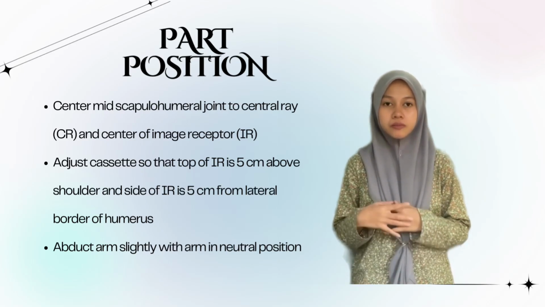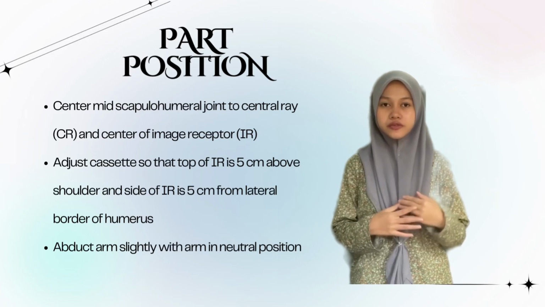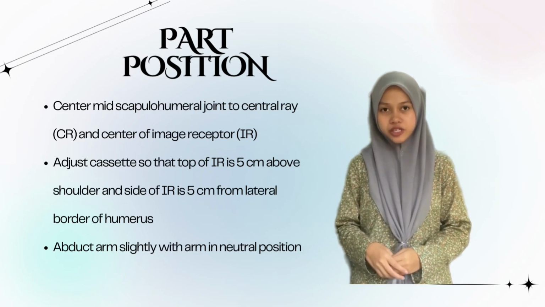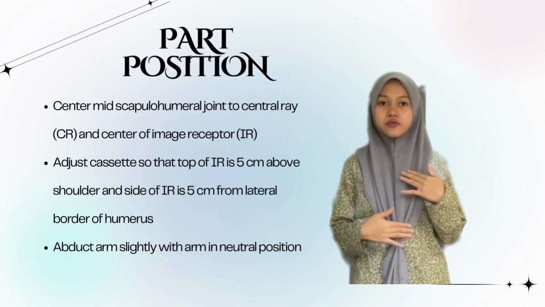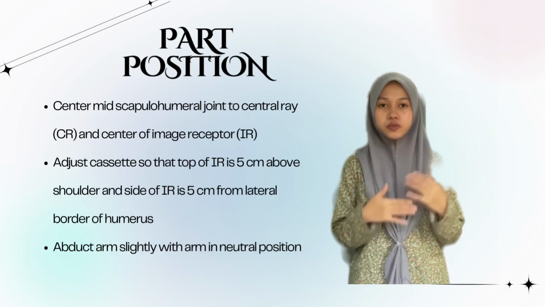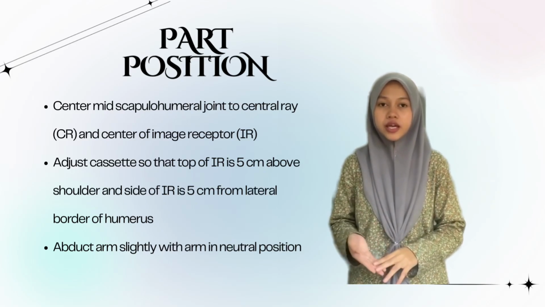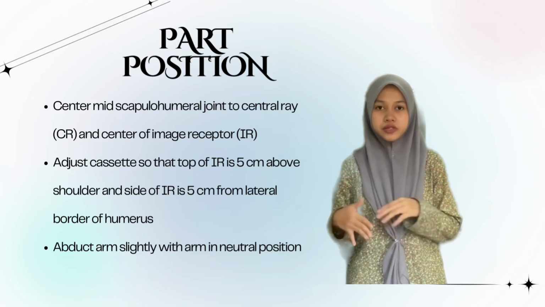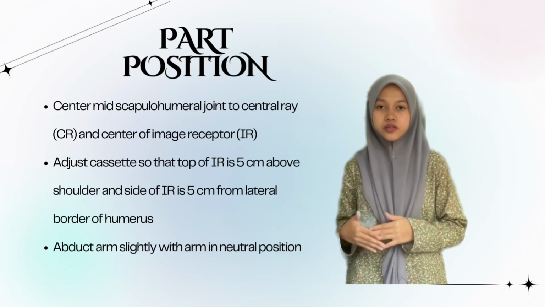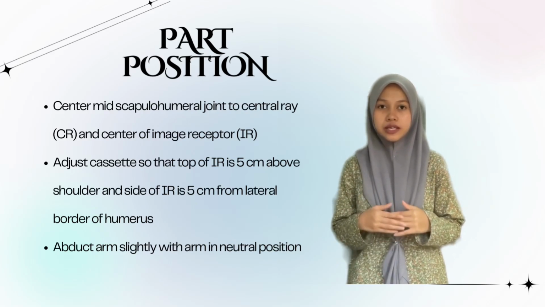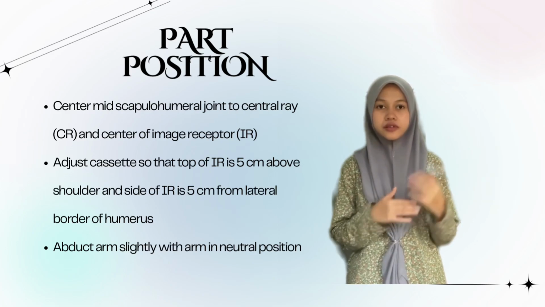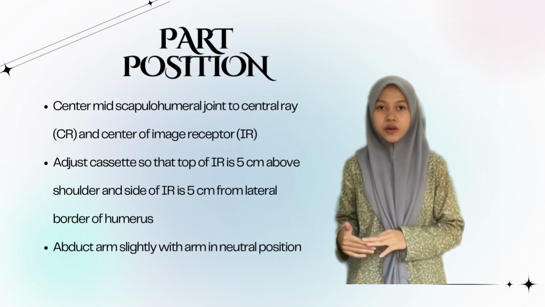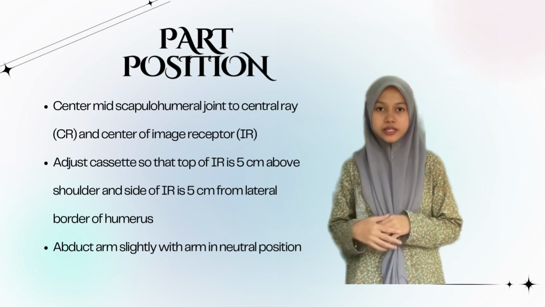Now I want to talk about part positioning for shoulder X-ray in posterior oblique projection. First, you have to center the mid-scapulohumeral joint to the central ray and to the center of the image receptor. This is to ensure that the joint is properly aligned and captured at the center of the radiograph. Next, you have to adjust the image receptor or the cassette.